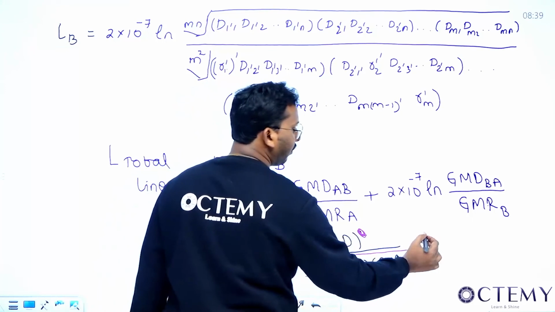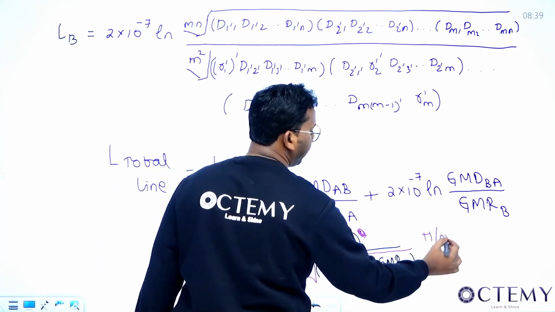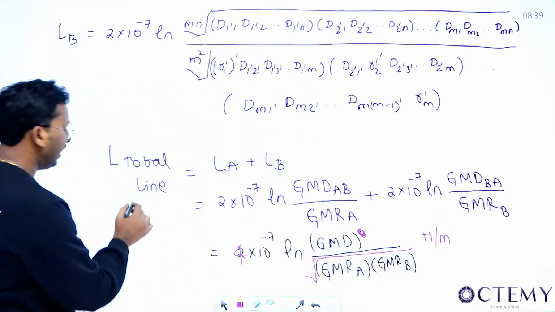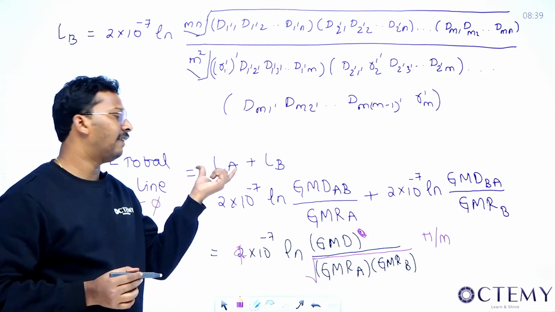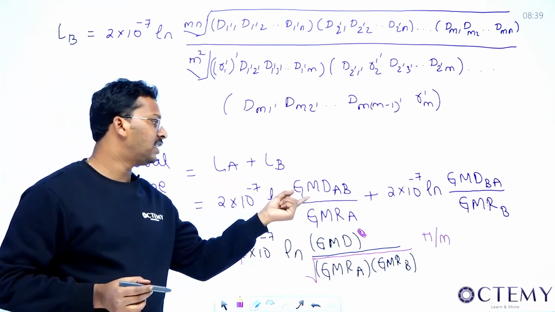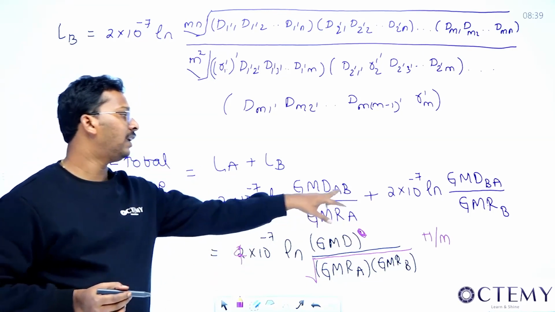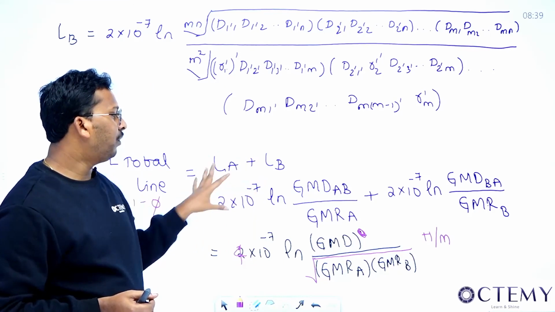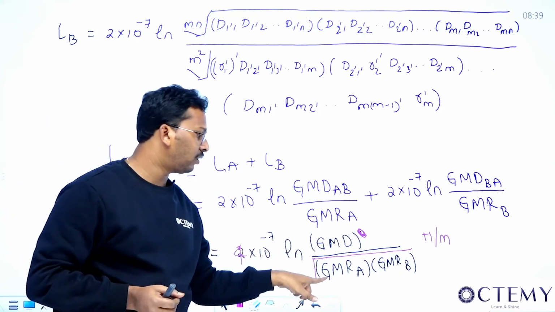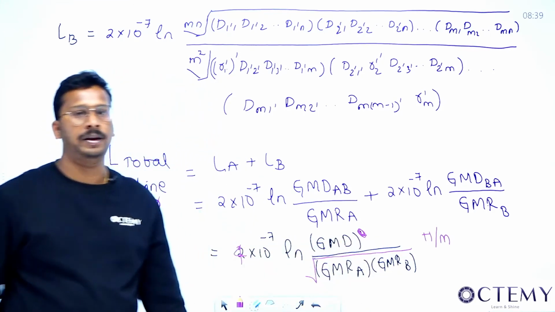This will be the entire formula for Henry per meter, L line, single phase line inductance will be like this, right? If you are taking for one composite wire, it is GMD of that and the other, by GMR, and if you want total, then GMD by square root of GMR of A and GMR of B, right?